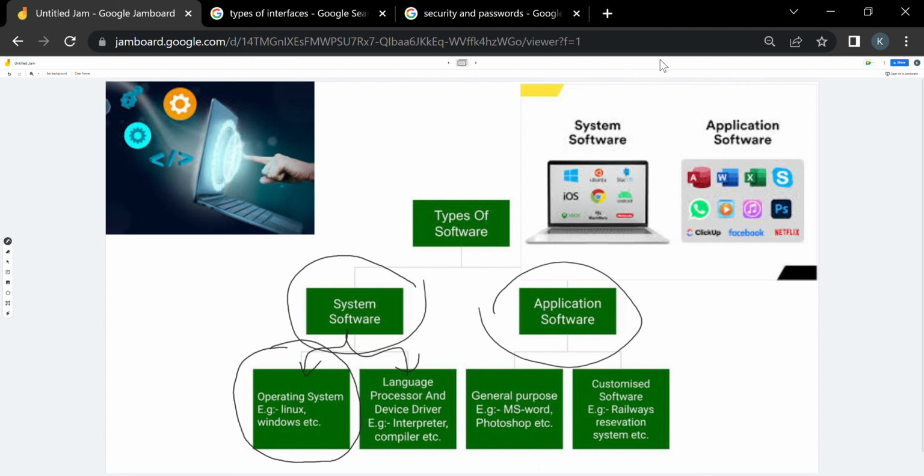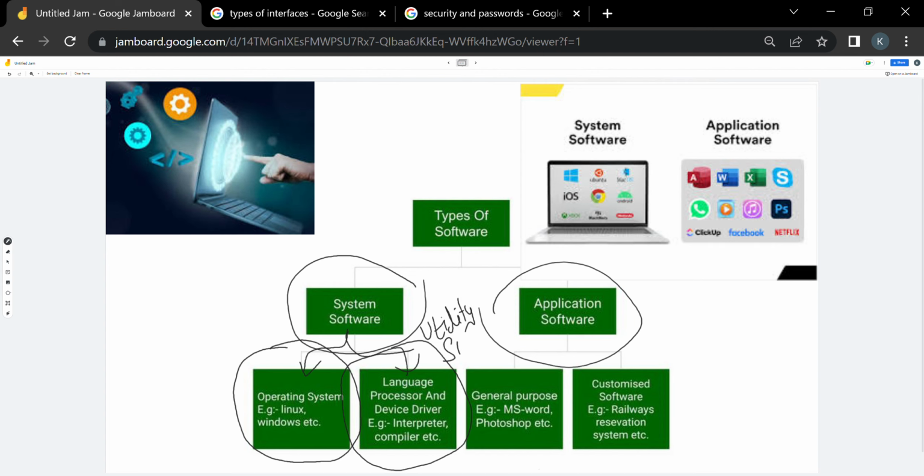It is responsible for providing different utilities to the computer. Say, if we are attaching any hardware device to the computer, it pops up with a message to install the device driver. And these device drivers are available within the operating system or within the system software. This term is collectively known as utility software.